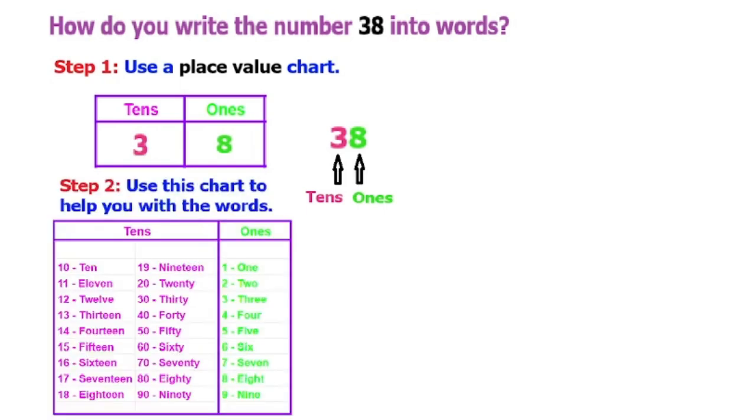So the next thing to do is use the chart here below to help you with the words. And then you start with the tens. So I can see here that 3 in the tens, or 30, is 30.